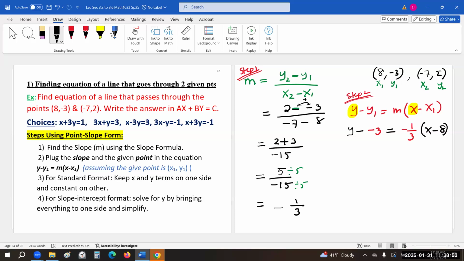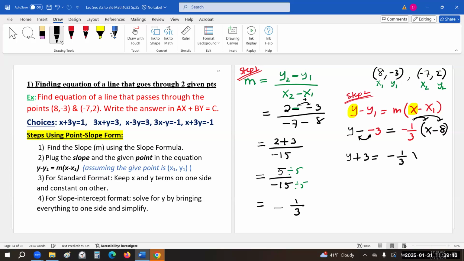But we cannot stop because of the multiple choice. So what do we do with the double negative? Positive. Y plus 3, -1/3. Let's distribute here.